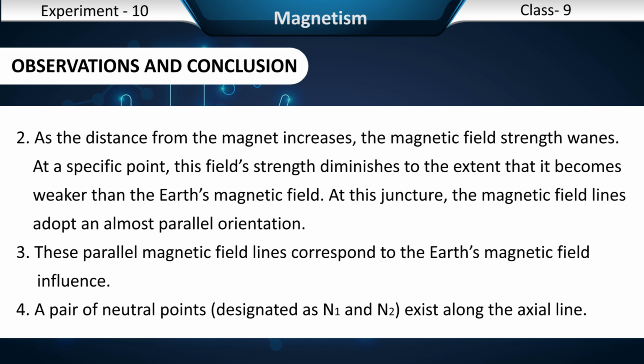At a specific point, this field's strength diminishes to the extent that it becomes weaker than the Earth's magnetic field. At this juncture, the magnetic field lines adopt an almost parallel orientation. 3. These parallel magnetic field lines correspond to the Earth's magnetic field influence. 4. A pair of neutral points, designated as N1 and N2, exist along the axial line.